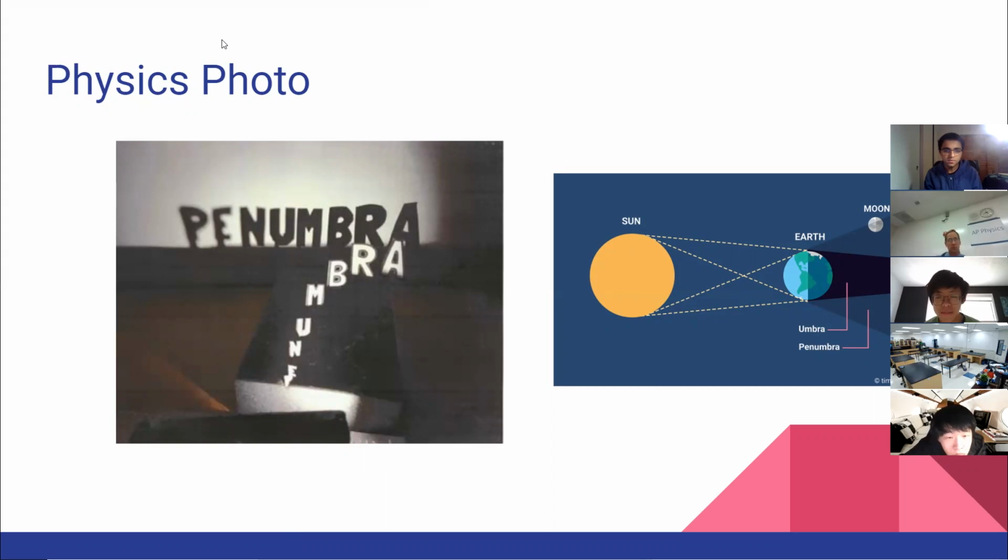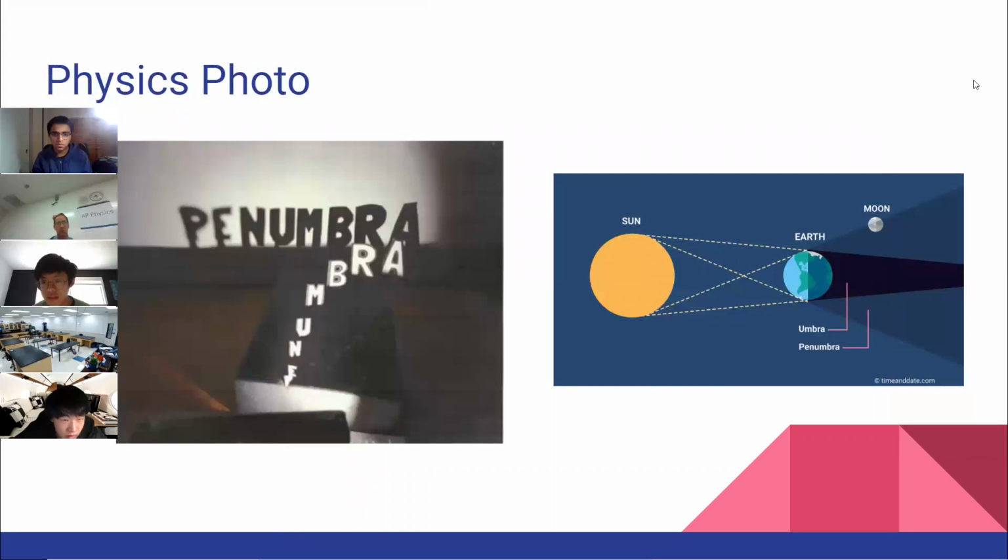We can understand this phenomenon with the sun. The sun is a sphere, and you can see there's a very dark shadow behind the Earth. That's an area where no points on the sun can directly reach because light travels in a straight path, and that's the umbra.